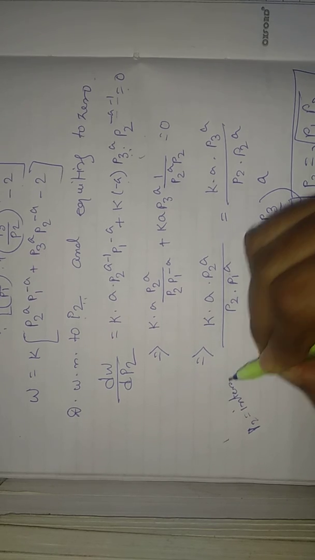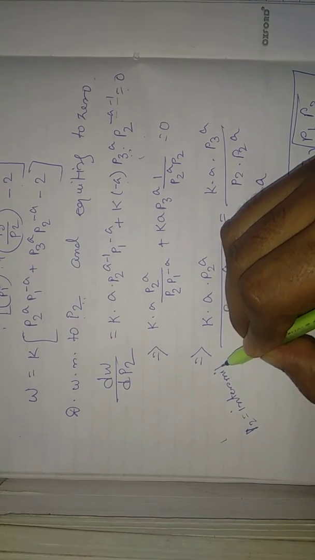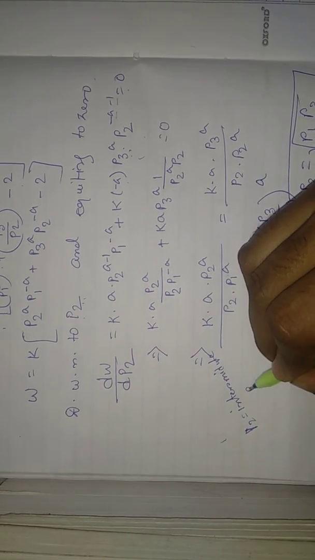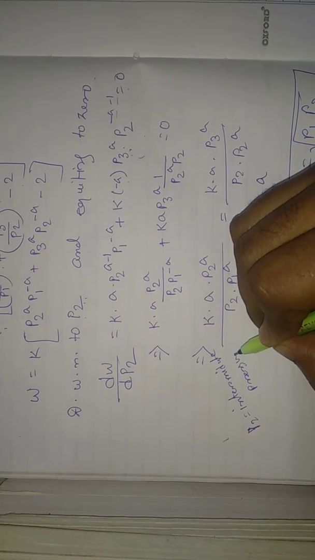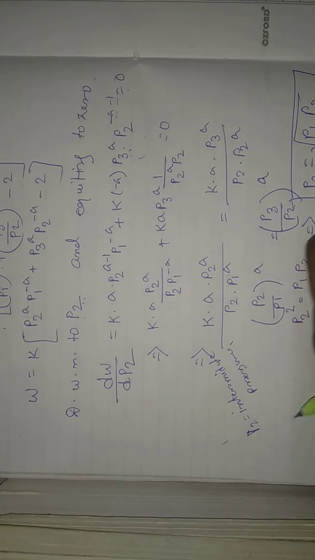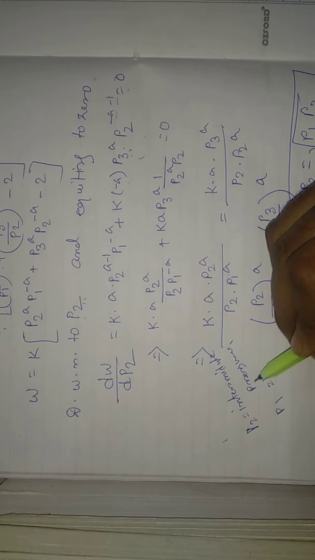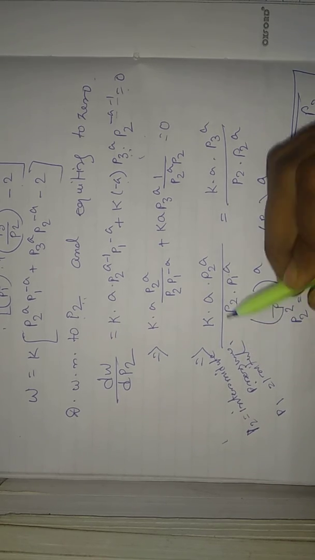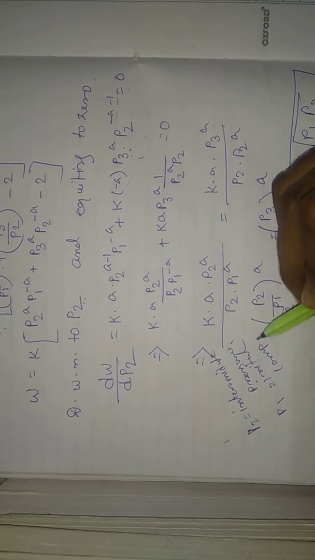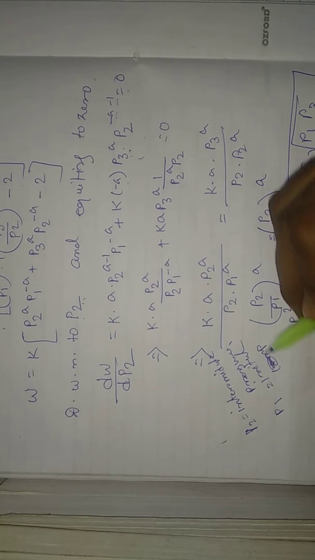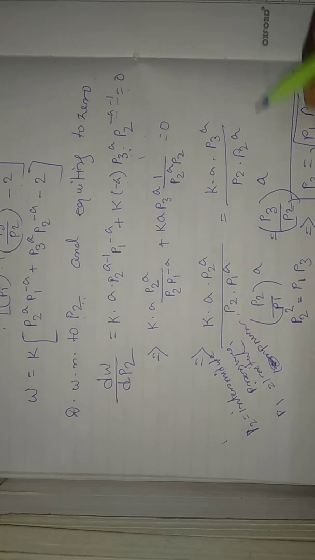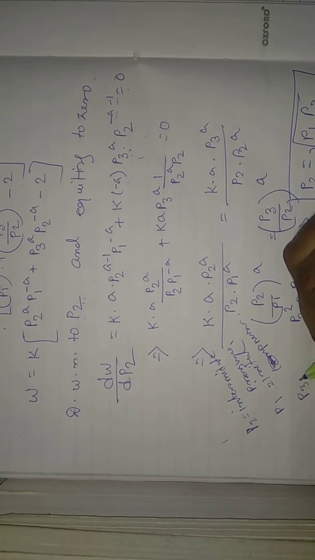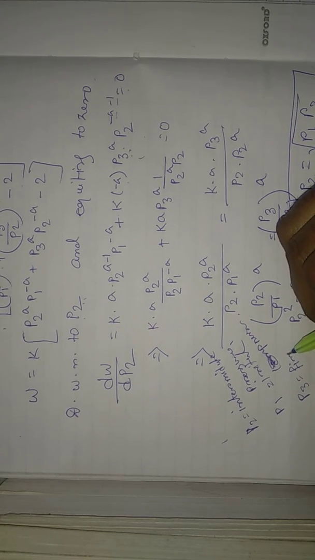P1 is the initial pressure of the multistage compression process, and P3 is your final delivery pressure.